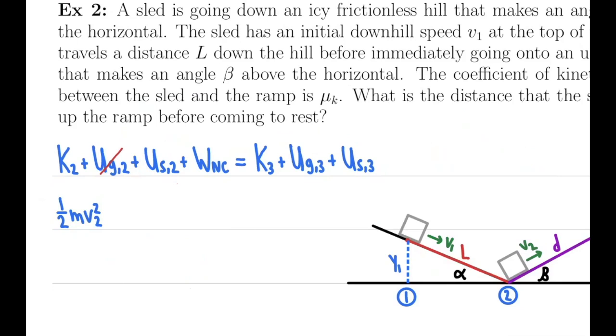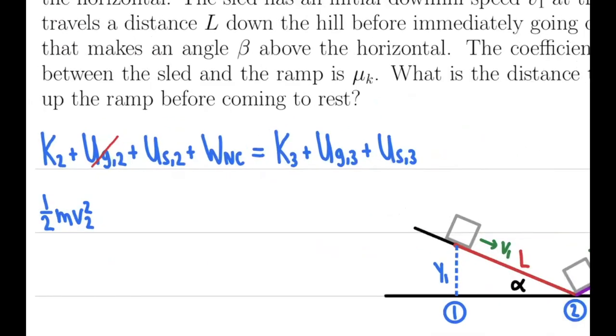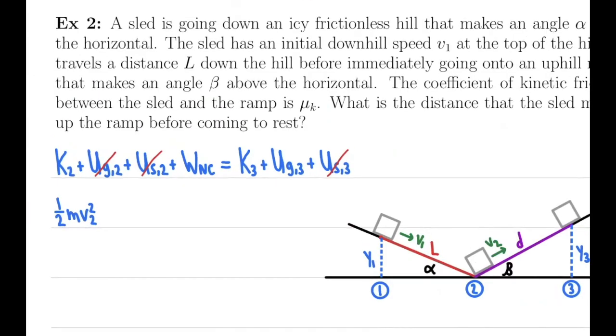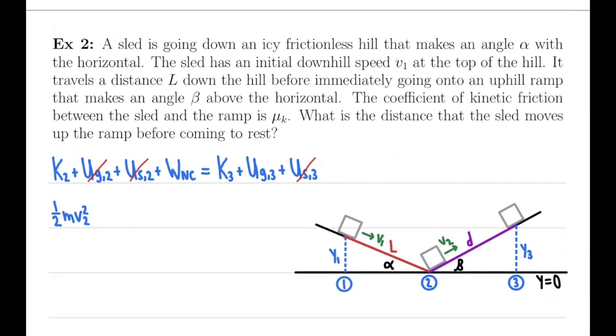US2, are there any spring forces in this problem? Not that I can see, although that would make it even more interesting. Yes, there are no spring forces. So US2 and US3 are both 0. Work done by the non-conservative forces. Friction. Yeah, the only non-conservative force that's acting on the sled between 2 and 3 is friction, right?